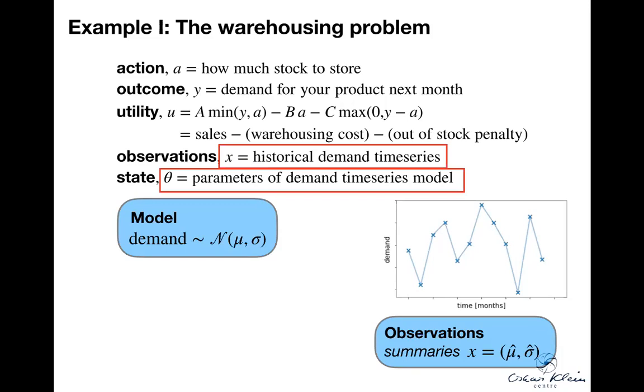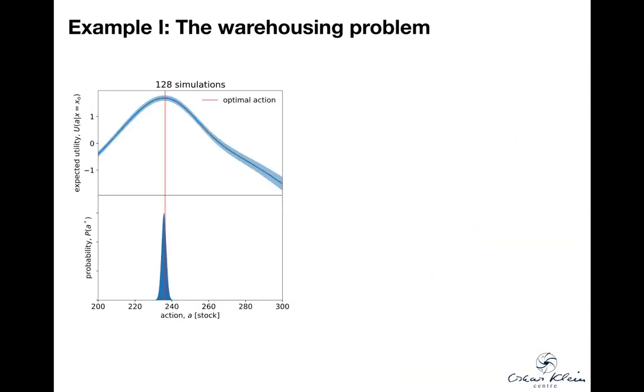Still quite challenging to do though, if you have to do all those integrals and do the optimization in a naive sense. So we're going to do simulations that learn the utility distribution and optimize it at the same time. And this does really nicely.